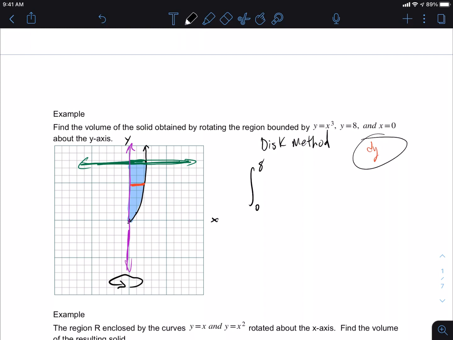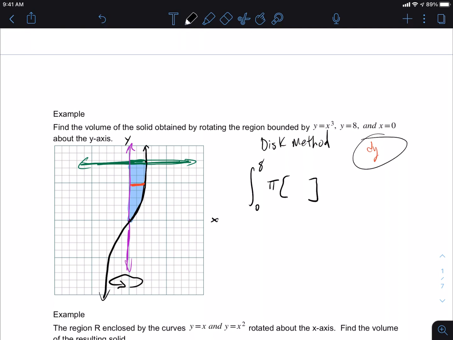Okay. Now, since we're talking about dy, everything that we have as a function must be in terms of y's. So, I'm going to go pi. What is the height of that red line in terms of y? What's this black curve a representation of? x cubed. But I don't want x cubed.